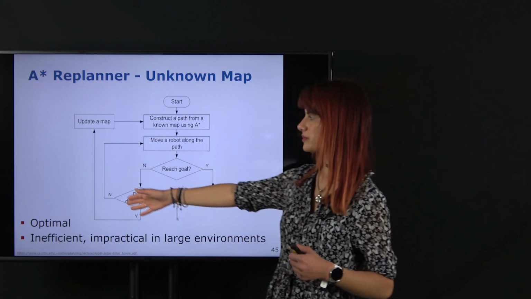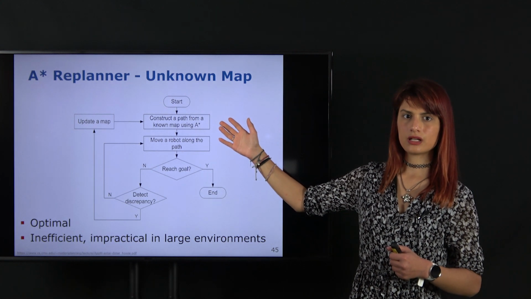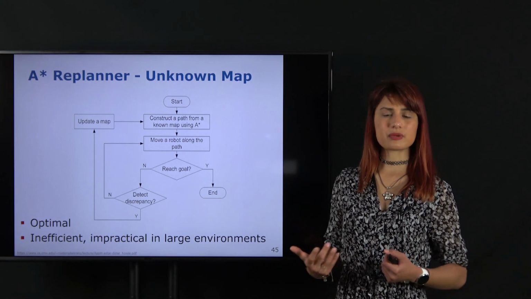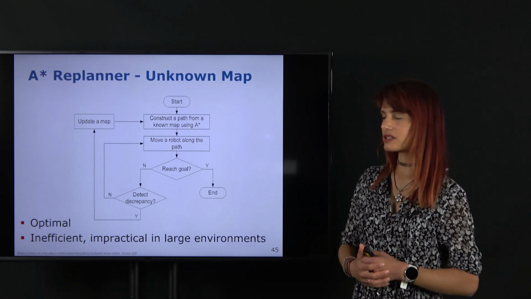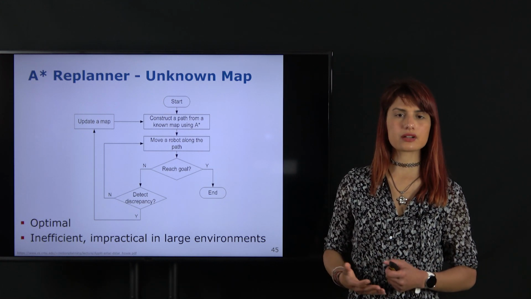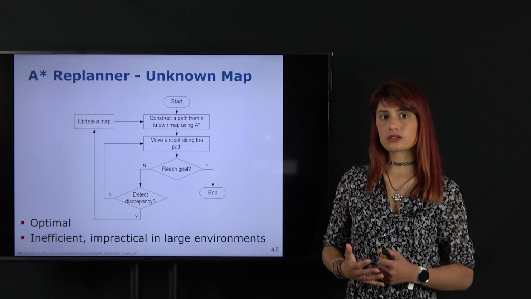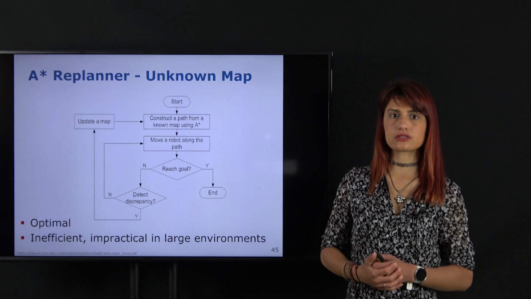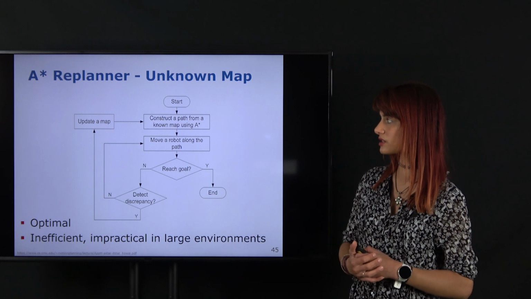If so, we need to update the map and rerun everything from scratch. This preserves the nice optimality properties of A-Star, but as we can already see, it's very inefficient because it requires rerunning A-Star many times. And this could be especially disadvantageous in large environments, where we have a large problem space to explore.